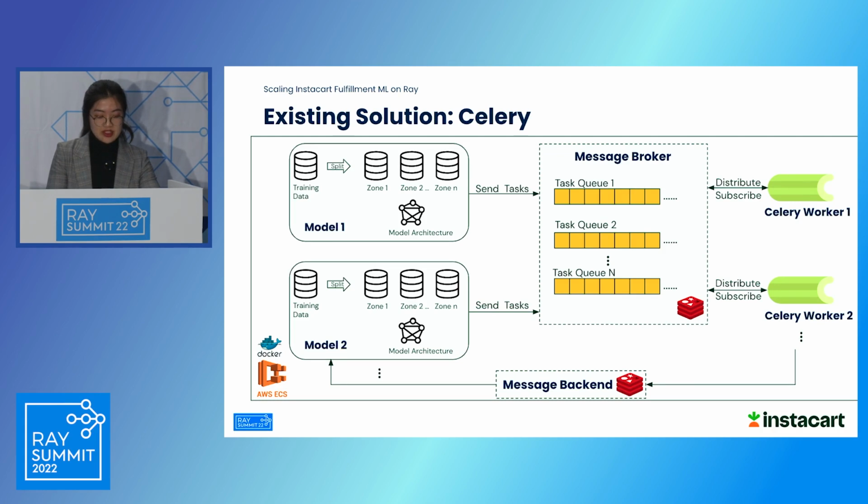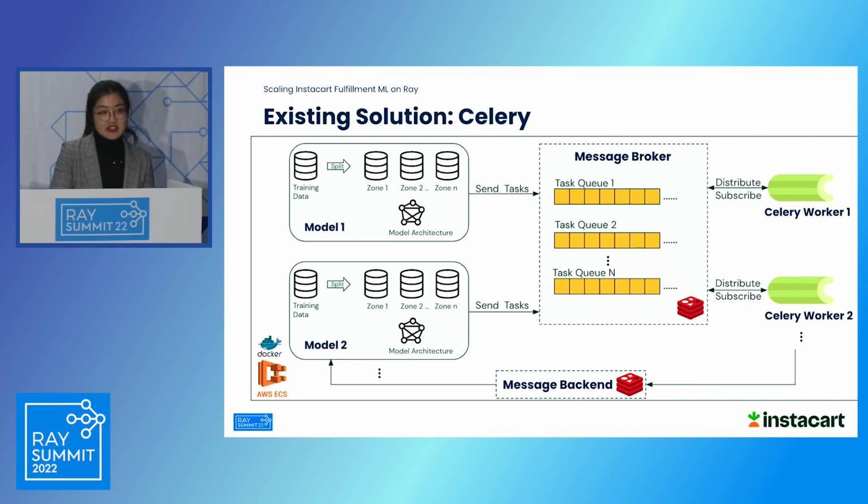Each task queue is subscribed by an executor service running a group of Celery distributed workers on the right-hand side. Each worker gets allocated one task to execute each time, processes it, and updates the task results in the message backend. In order to make the deployment process easier for our machine learning engineers, who are the authors of the model but don't want to spend much time handling system complexities, in production it's quite common that multiple models produced by the same business unit share the same task queue to ease the complexity of job execution.